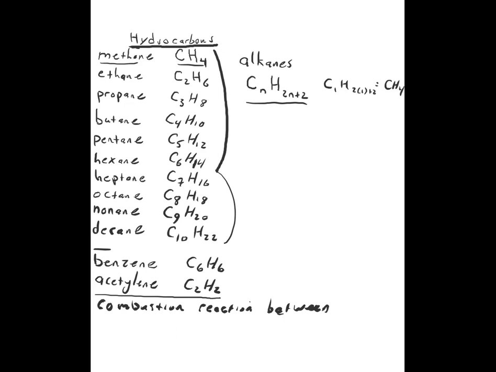I'm just going to pick one, hexane, and oxygen. Predict the products. Okay. What are the products of the reaction between hexane and oxygen? Well, here's hexane, C6H14. It's with oxygen, so you're going to react it with oxygen.